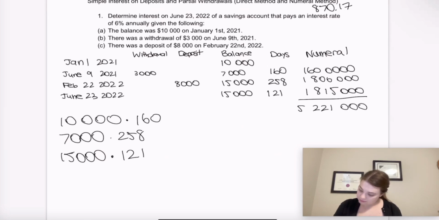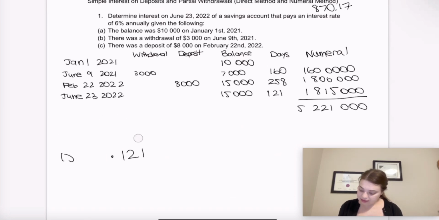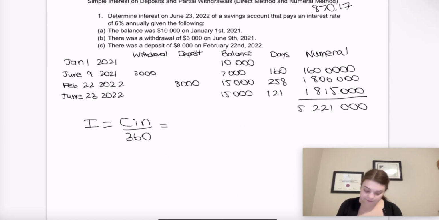5,221,000. And now I'm just going to do the interest calculation one time. So interest is still equal to CIN over 360. So therefore, it's going to give me the numeral times the interest rate.